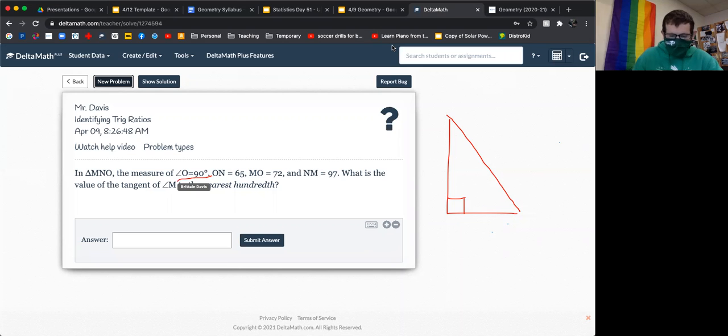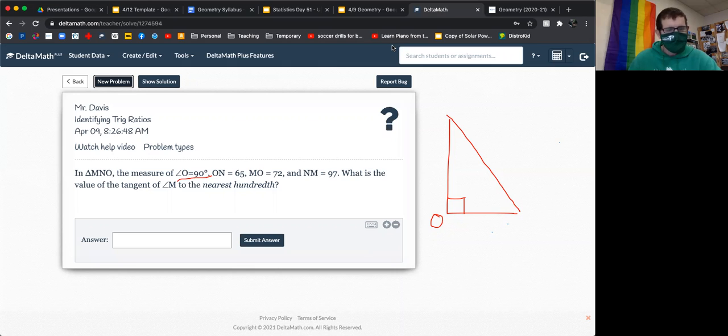So as we go through, we just want to label. So angle O is 90. Notice I haven't added any of the other things. Even though it says it's triangle MNO, I'm not labeling my sides or my corners yet. So anyways, I'm going to label this vertex down here O, because now I know that is my 90-degree angle. Then there's going to be a side length that's ON that's 65 in length.